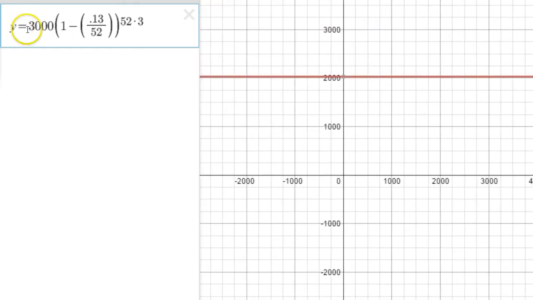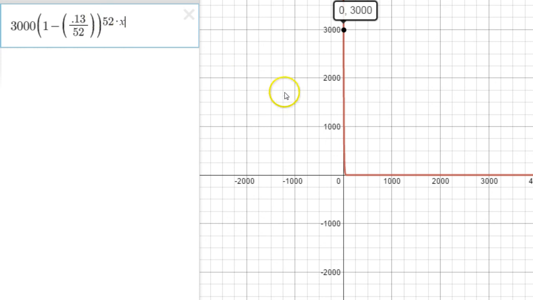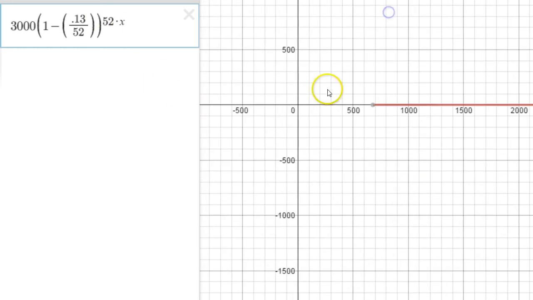You can see right here that it's just going to be a straight line. Pretty simple. It's not going to change too much. Well, actually, we don't need a graph to show that. We could show it by the numbers. Now, if I did want to do the graph, I would change this with an x, and I could see some stuff here.